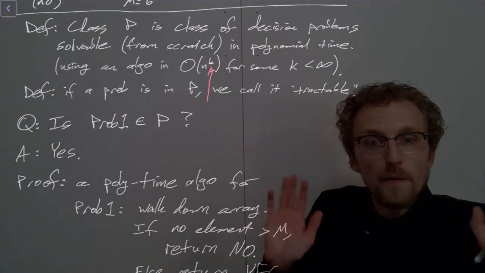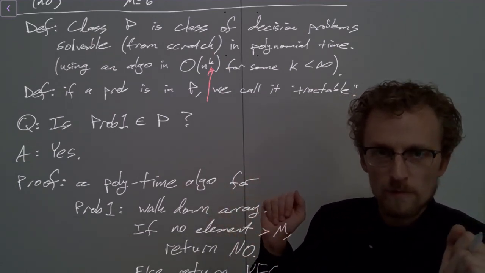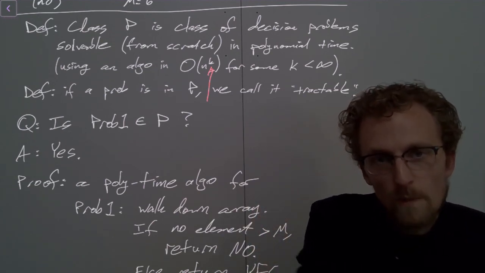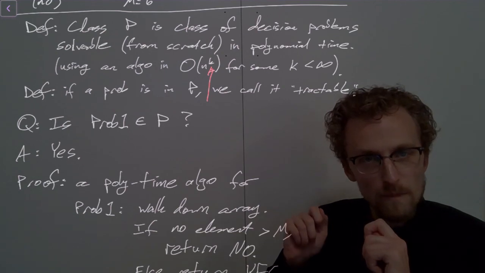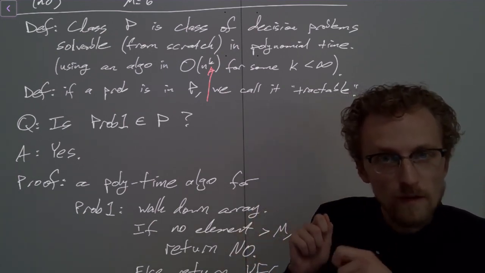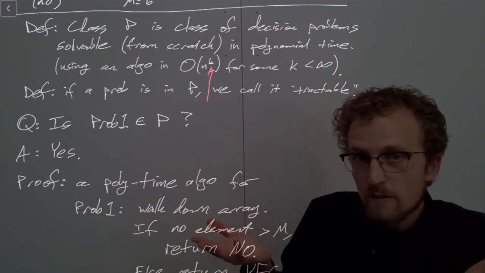So this is P, the class of all decision problems that have polynomial time algorithms for solving them from scratch. Anytime I say P, I'm going to be very pedantic about being sure that I mean a decision problem. If a problem is in P, then it has either a yes or a no answer.